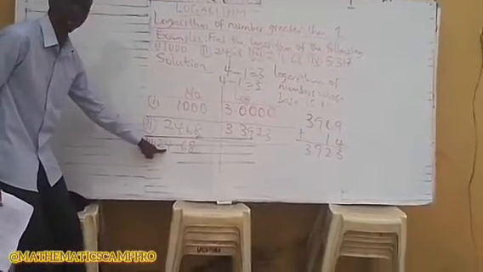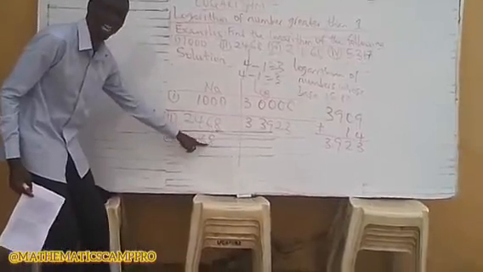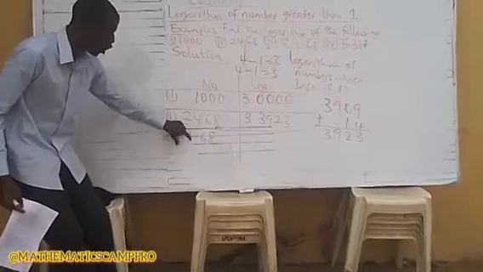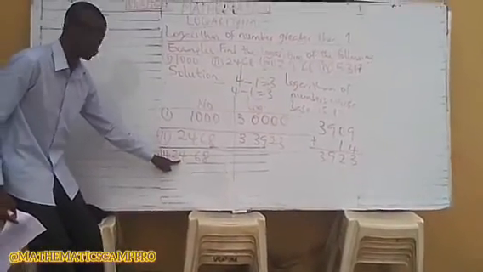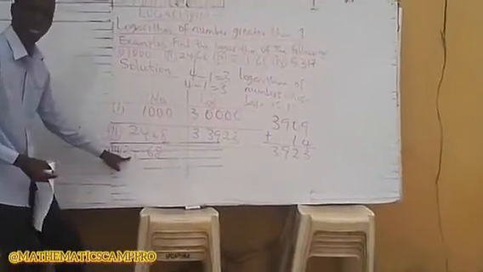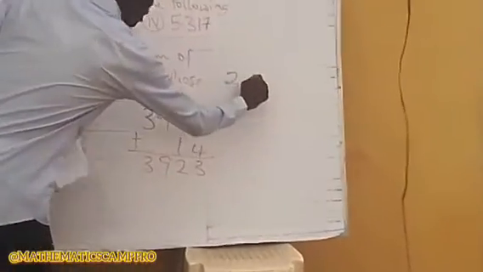For you to get your characteristic, this number 24.68 is not a 4-digit number. You are only concerned with the whole number before the decimal. 24.68 has 2 digits, and for you to get your characteristic, it is now going to be 2 minus 1.